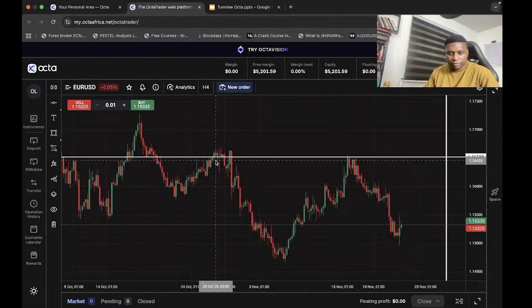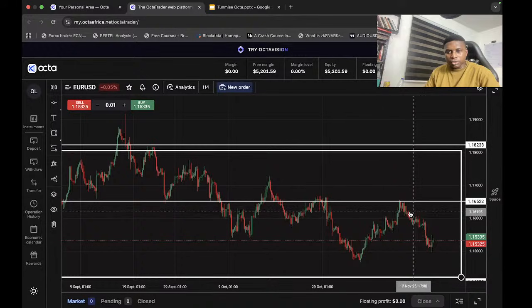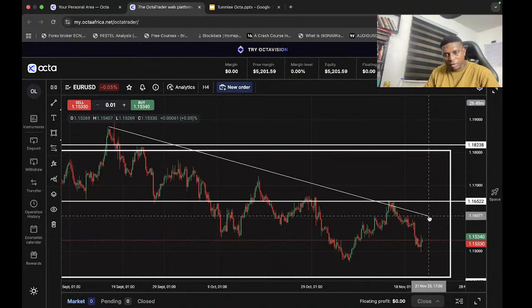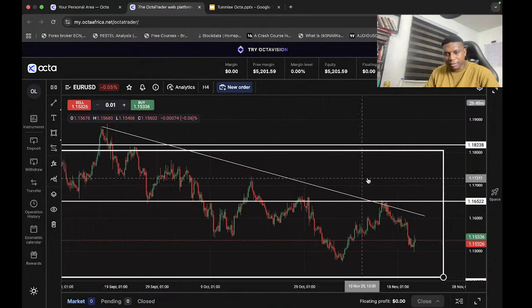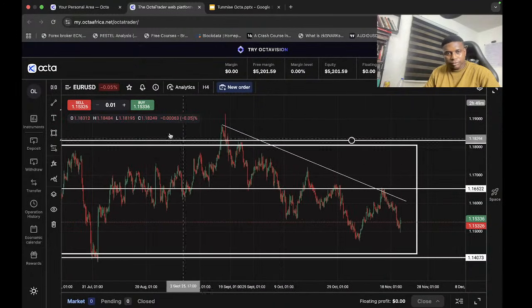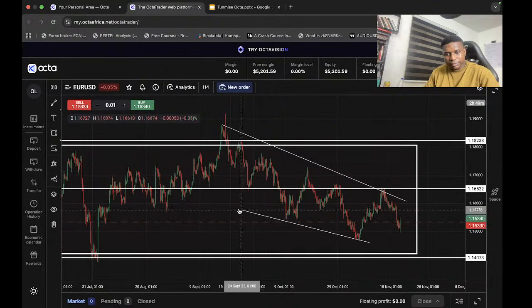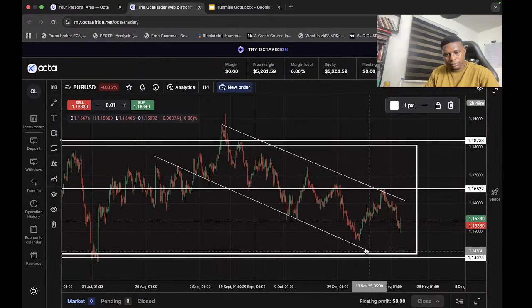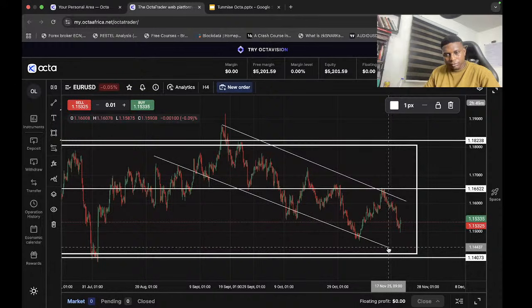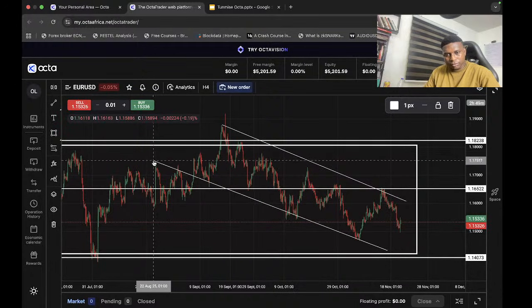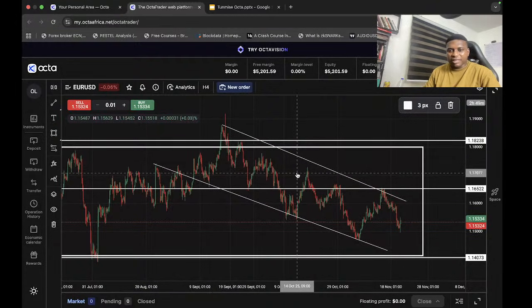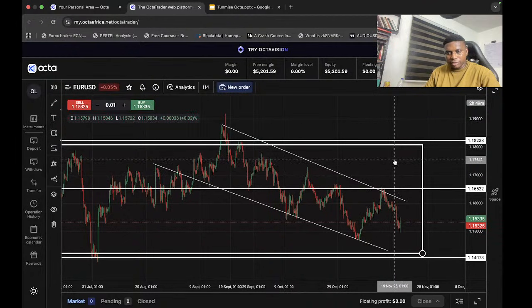Now let's go down to the 4 hours time frame. So we can see that on the 4 hours time frame there is a downtrend. Good.